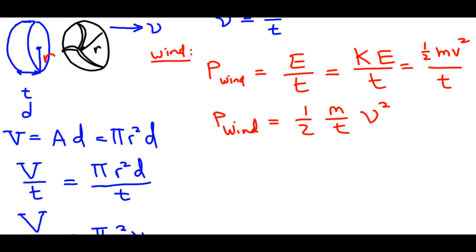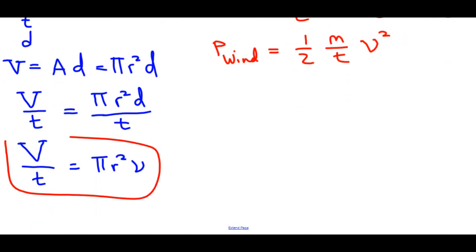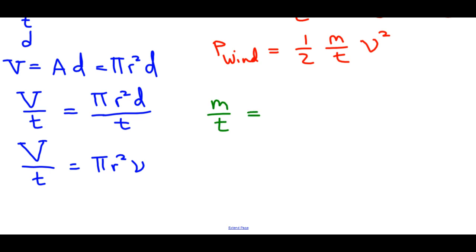Okay. And now I'm going to substitute in for m over t using v over t. We'll see that next. We know that the mass over time here, let me do this in green, we can rewrite mass over time because mass is equal to volume times density, like that.